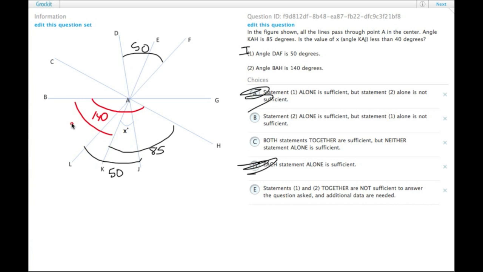Sorry, 55. Anyway, so knowing that this is 55 certainly doesn't get us to x, and that's taking into account both statements, which we can't even do yet.